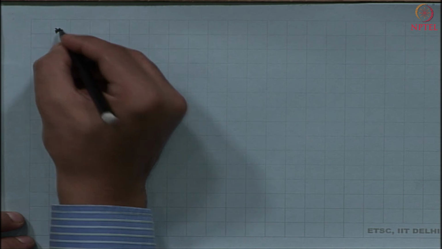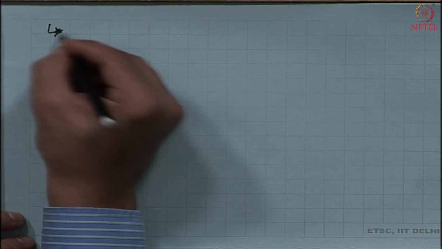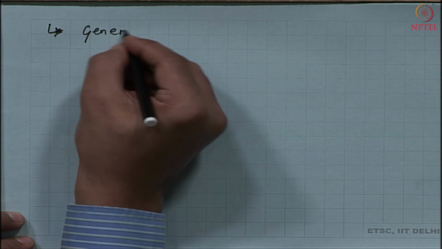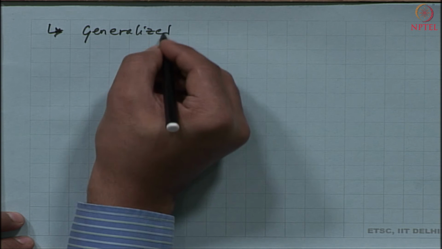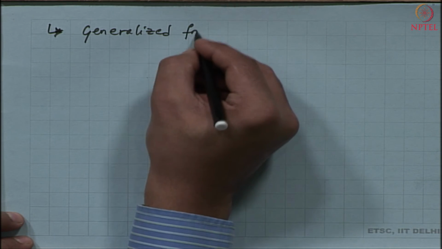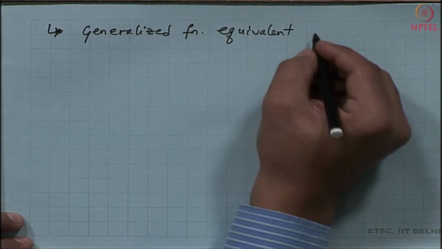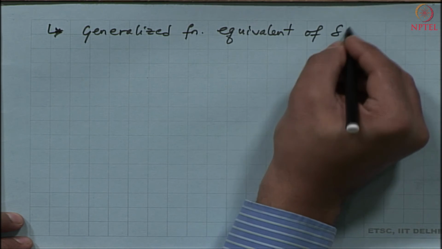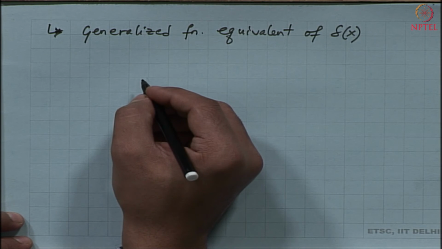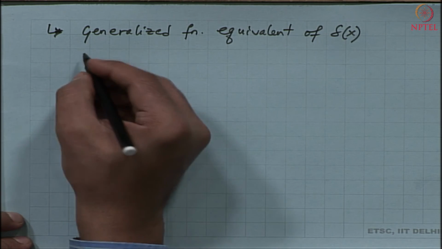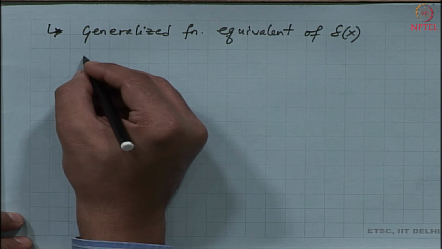Let me just give you a few more properties of generalized functions. I am going to show you the generalized function equivalent of the delta function, right. Which means I have to define it in terms of a good function.